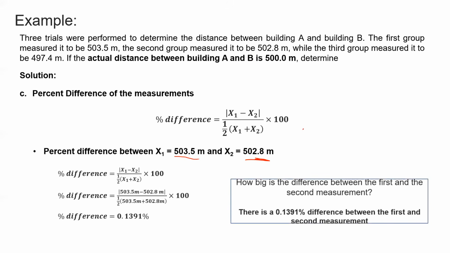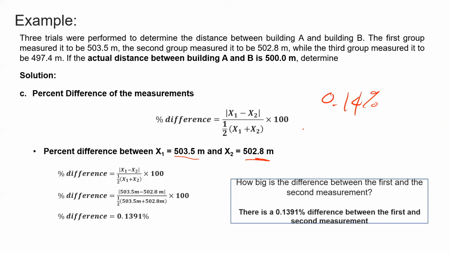So how big is the difference between the first and the second measurement? So there is about 0.14% difference between the first and second measurement. Like if we round this up to two decimal places, the difference between the two measurements is 0.14%.